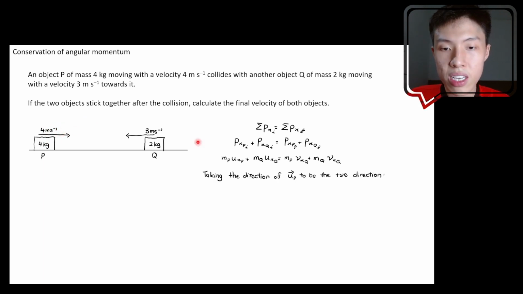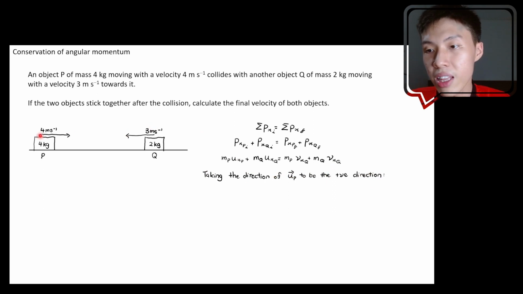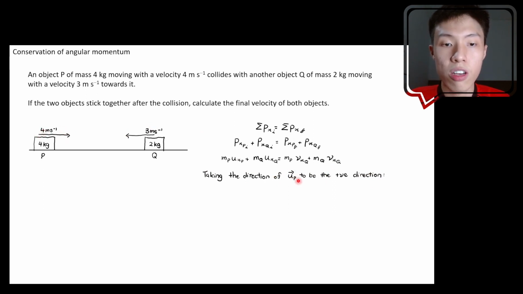What I mean here is, if we take the direction of the initial velocity of P to be the positive direction, then if a velocity is in the same direction as the initial velocity of P, the component will be positive. But if the velocity of the object is in the opposite direction to the initial velocity of P, then this velocity will have a negative component.